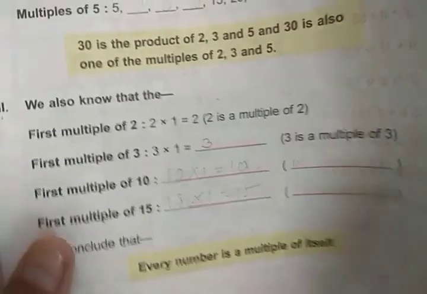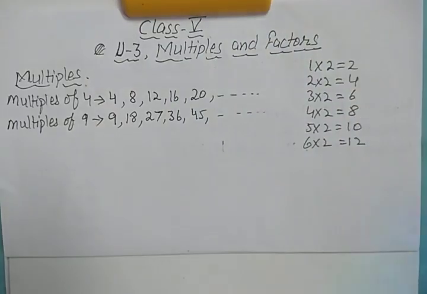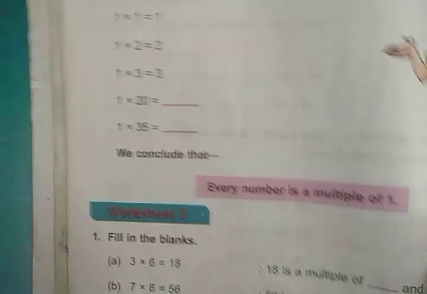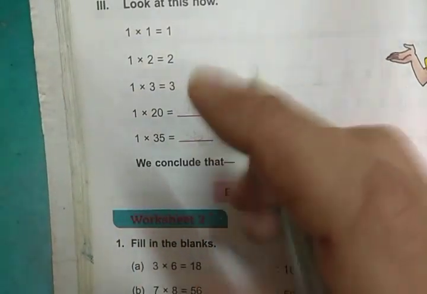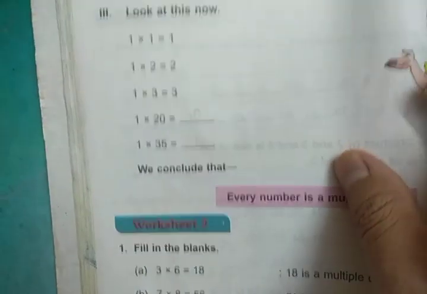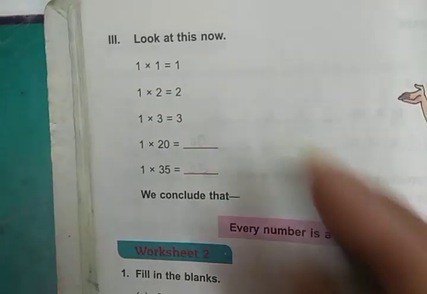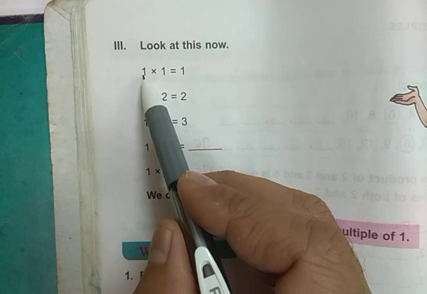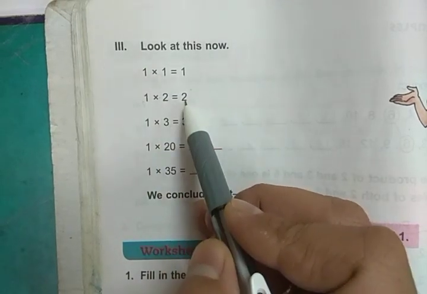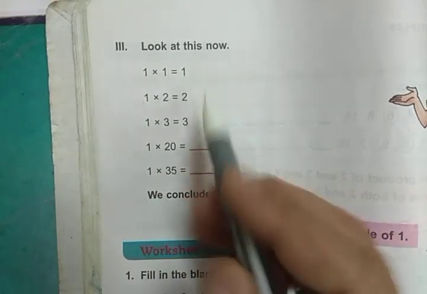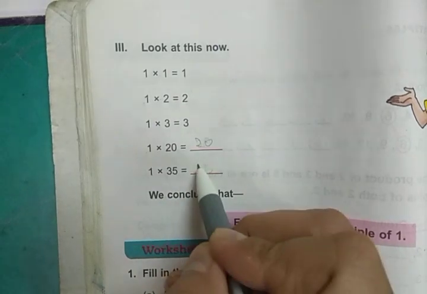Third is, whenever we multiply any number by 1, we get the number itself. For example, look here. 1 ones are 1, 1 twos are 2, 1 threes are 3, 1 20s are 20, and 1 35s are 35.